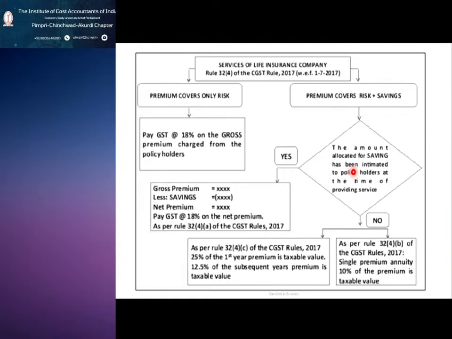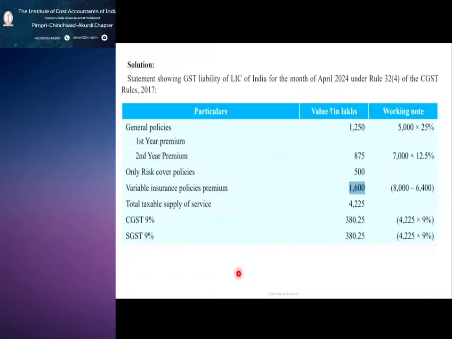So first year premium, we know it is 25%. So 25% on 5,000, and for the remaining, 12,000 minus 5,000, how much is there? 7,000. So on 7,000 we have 12.5%. So the second year premium also we have seen it.